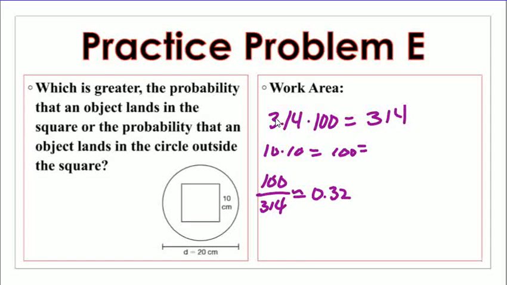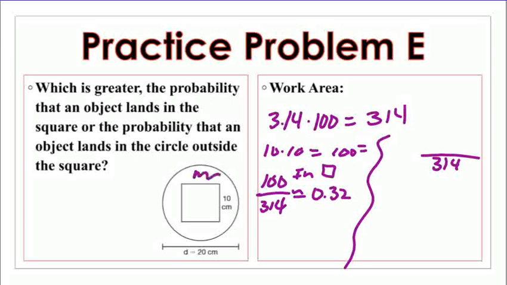And then the probability of it landing outside the square. So when it says outside the square, so this would be in the square. If we were doing outside the square but in the circle, everything's going to be over 314 because that's the total area.